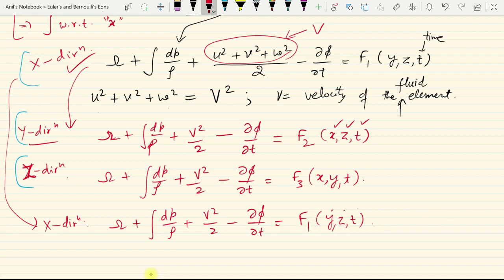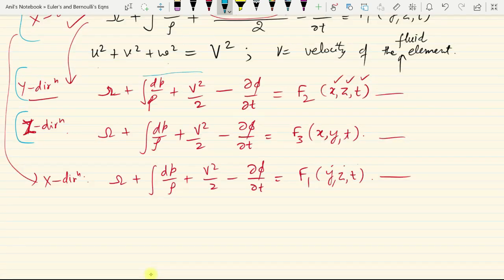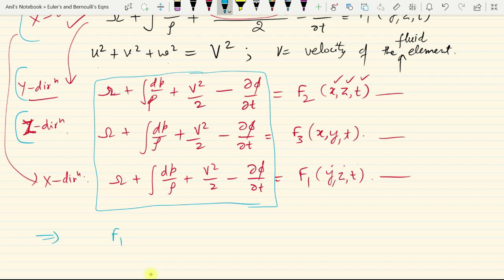So among these three equations, the left hand sides are the same. That simply means f1 is equal to f2 is equal to f3. So they should all be the same. They should be independent of space. It is constant.